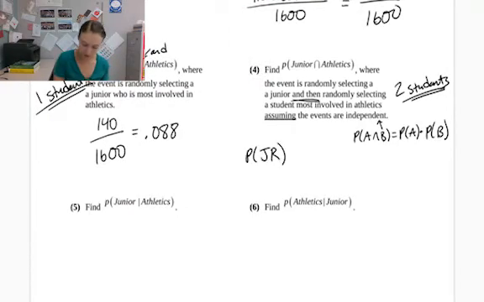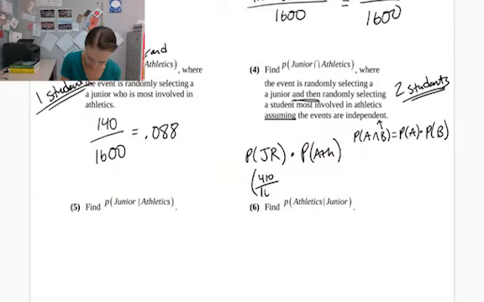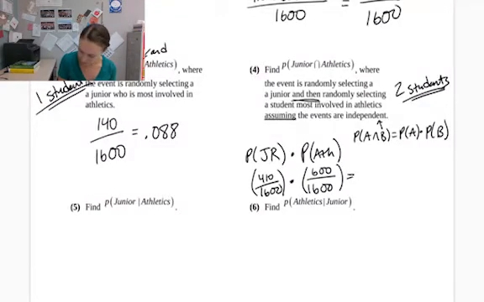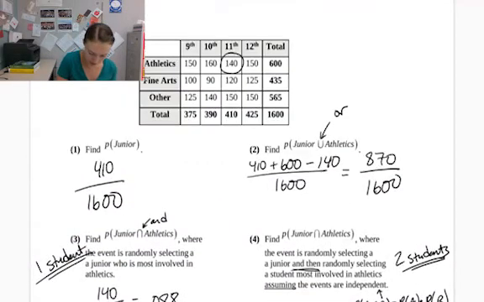So the first student selecting a junior and then selecting someone that's involved in athletics. So the probability that someone is a junior is 410 over 1600 times the probability that they're involved in athletics. There's 600 of those students out of 1600. So again, pulling that from my table, and I get 0.096. So again, I'm just using this 410 for my first one, 600 for the second one.